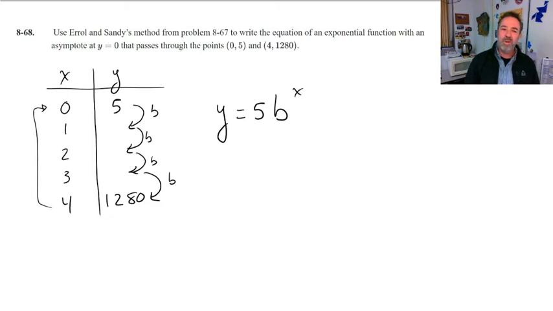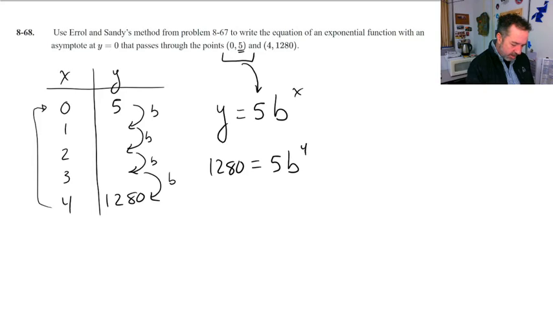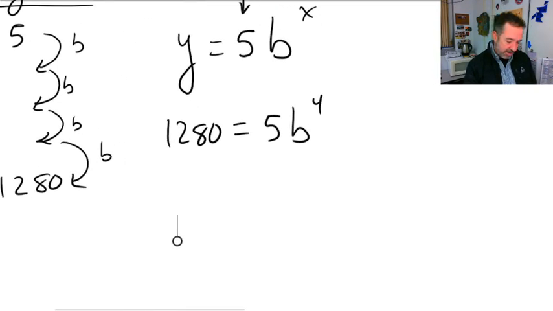If I know my y-intercept, the 0th term, I just put that 5 into this equation. And then I use my other point, 1280, and that's going to equal 5 times b raised to the 4th power. So I just have to solve for b, and we've been down this road before.